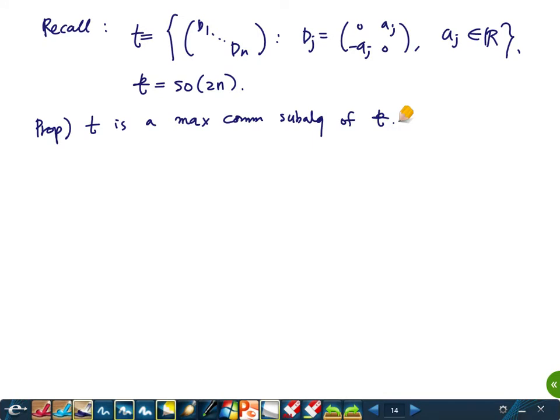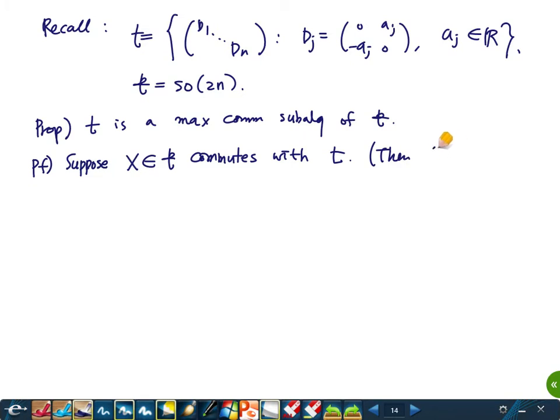Okay, so to prove this, suppose that X is in K and that it commutes with T. Then, of course, X commutes with H, because H is just a complexification.